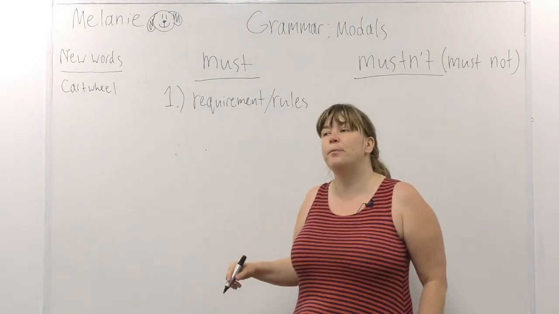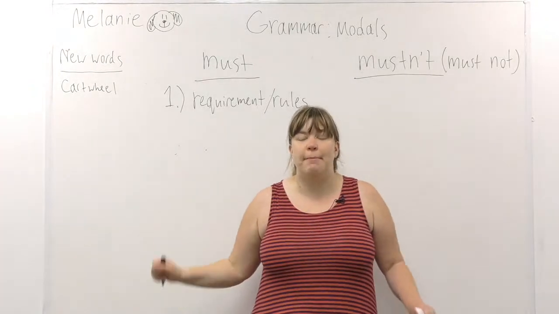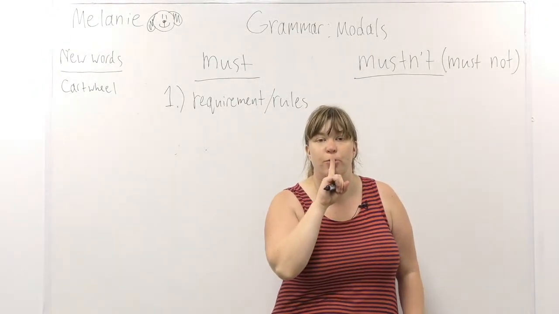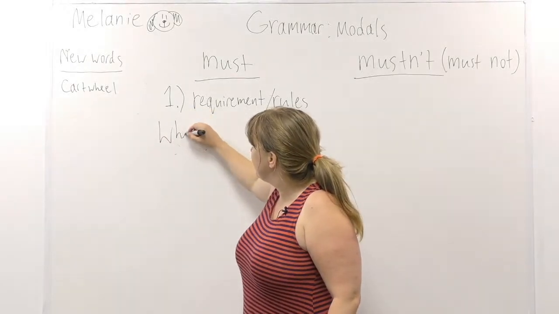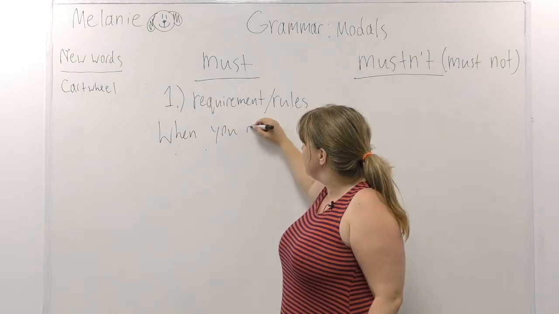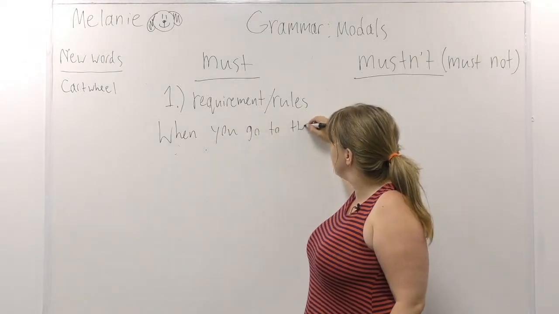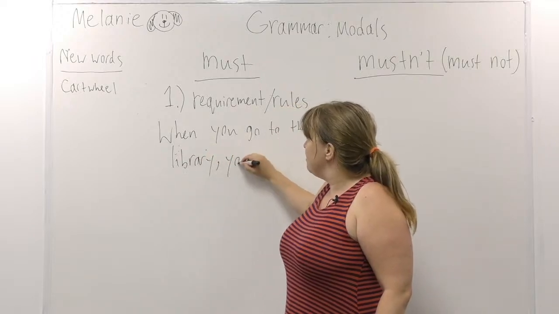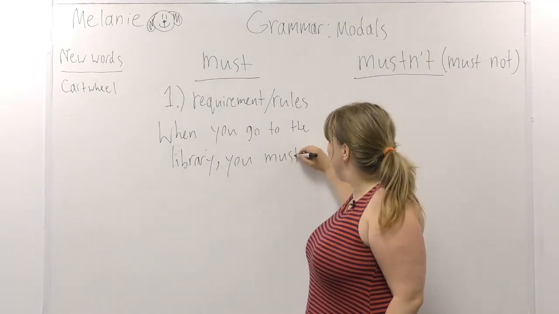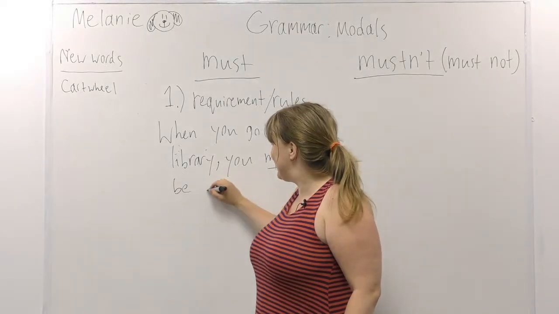So for example, when you go to the library, you must be quiet. So when you go to the library, I'll write this down. When you go to the library, you must be quiet. Excellent.